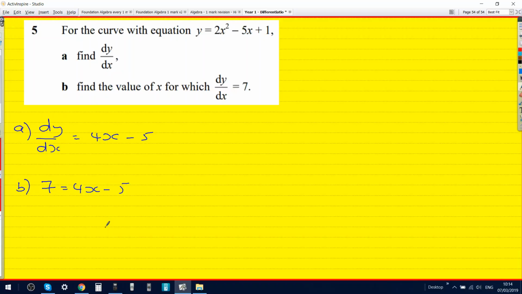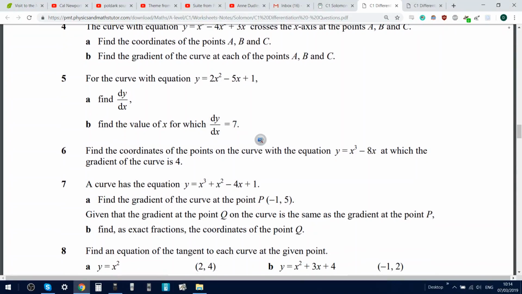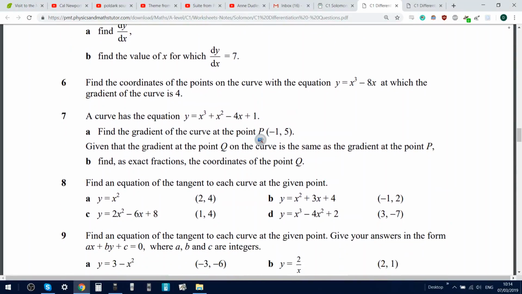So 12 equals 4x. 12 over 4 equals x, which is just 3. That's it. So that's quite a common one: when is the gradient a certain thing? That seems quite straightforward.